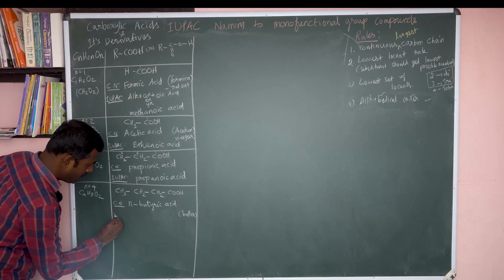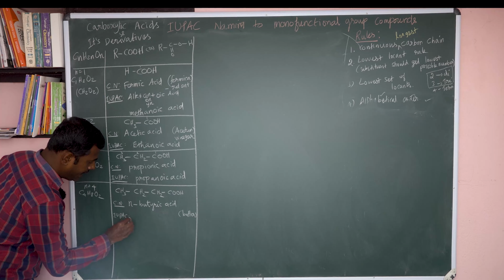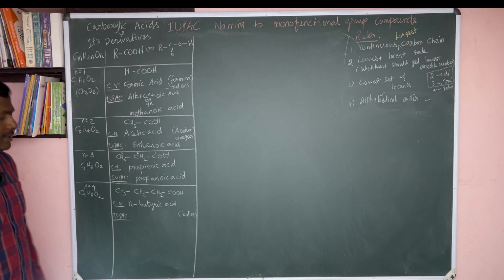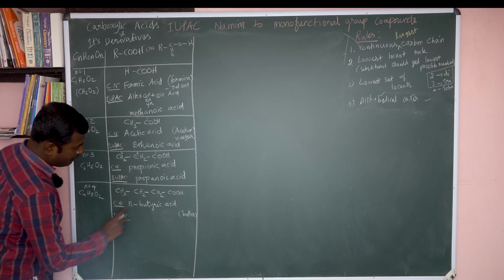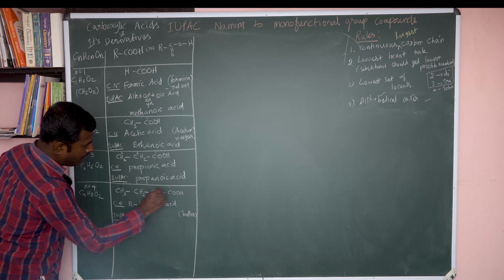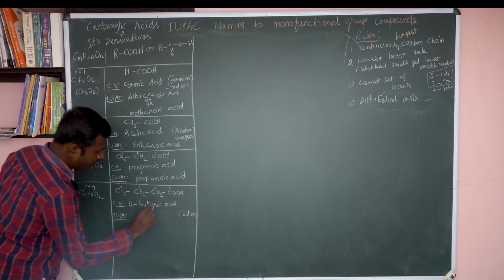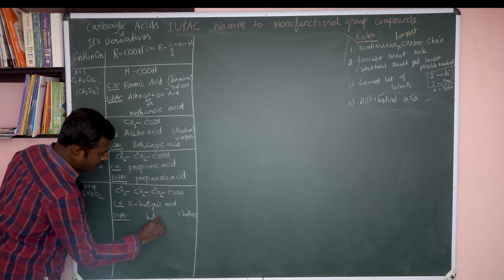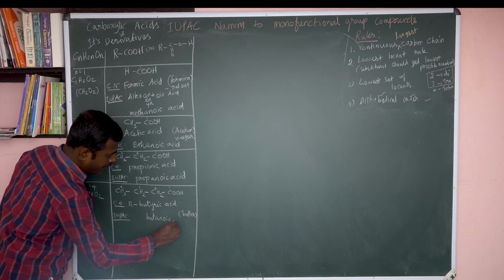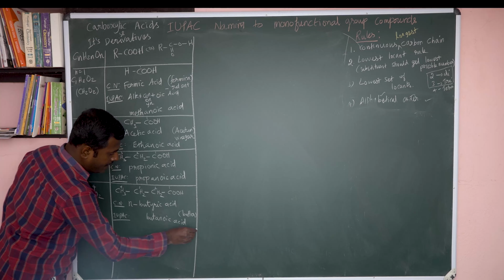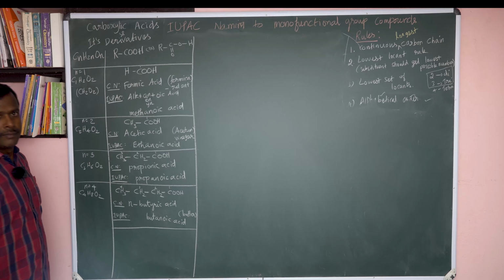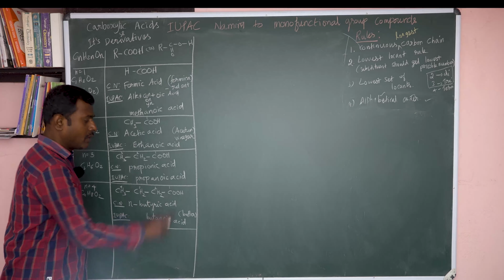Now let us give the IUPAC name. The root word: 1, 2, 3, 4. 4 carbons means but. Only single bond, and for the acid group, oic acid. So butanoic acid. Should we give number 1 to the acid group?